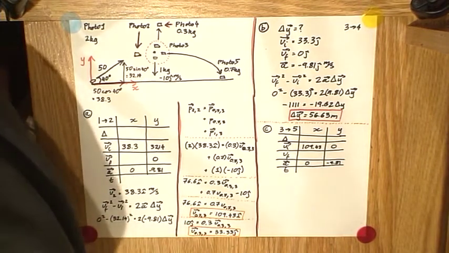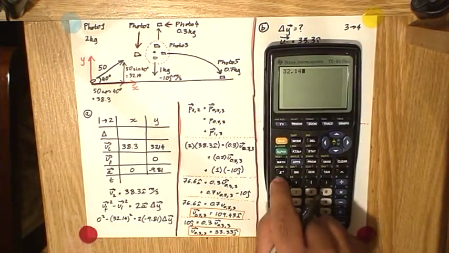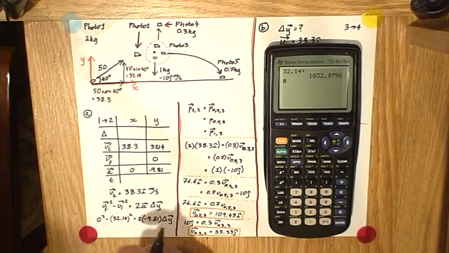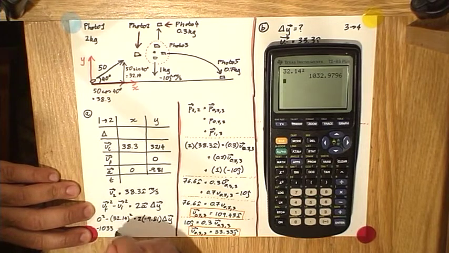So 32.14 squared gives us 1032, that's very close to 1033, equals negative 19.62 times delta y.